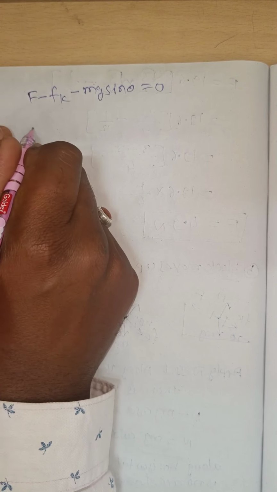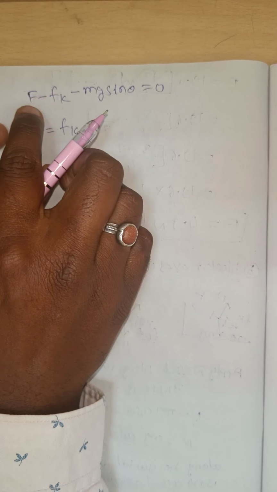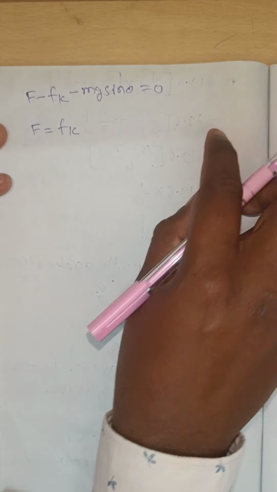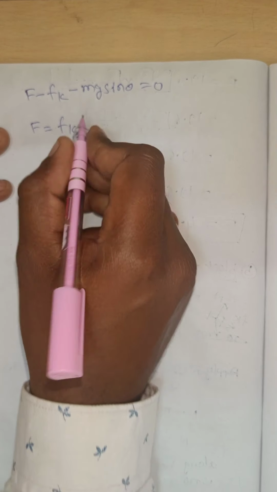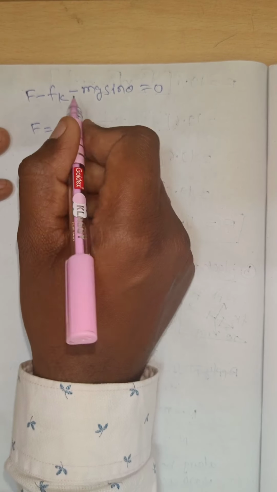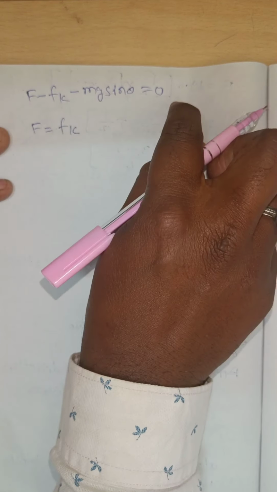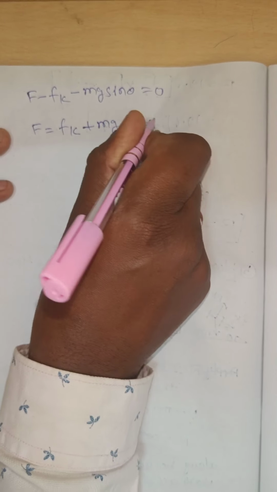From that, we put F on one side and the other quantities on the other side. Therefore F is equal to fk plus mg sin theta, since fk shifts to the right as plus fk and minus mg sin theta becomes plus mg sin theta.